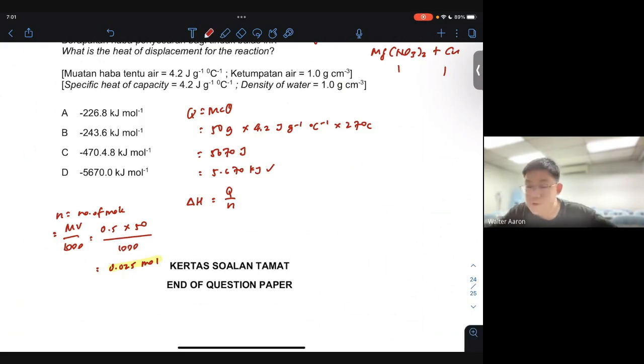So right now, delta H is equivalent to Q over n. So that would be 5.67 kilojoules divided by 0.025 mole.